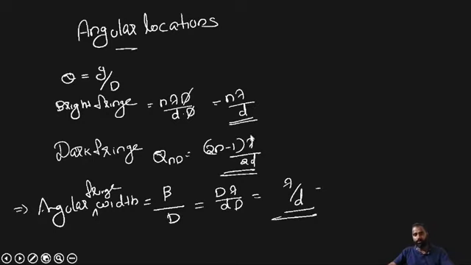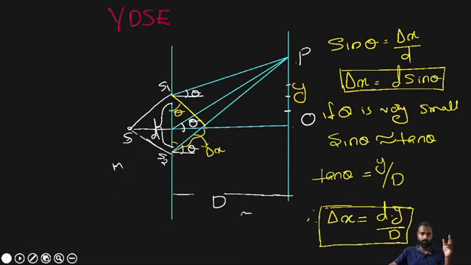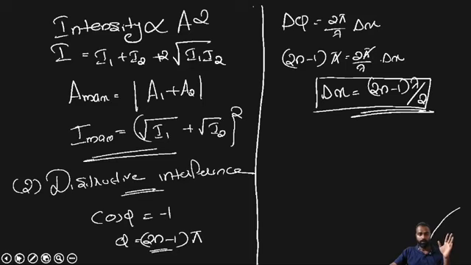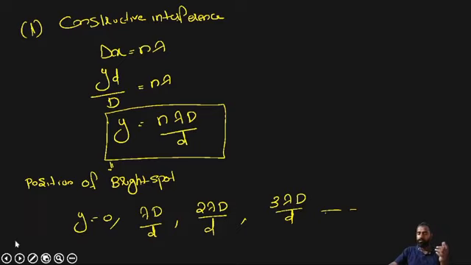I will just revise. First we discussed interference, then we moved on to the YDSE experiment. We have seen there is a path difference delta x, which we found in terms of positions, that is delta x is yd by D. Then we applied the conditions for maximum and minimum interference.